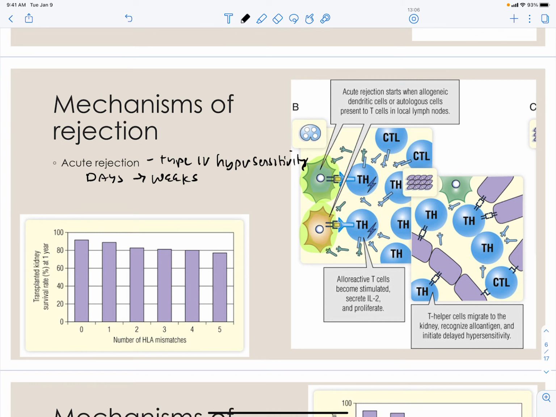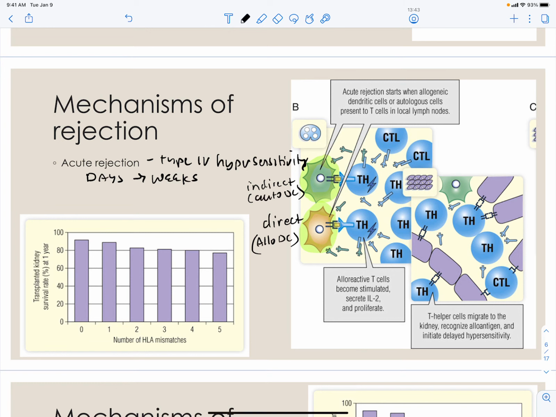When our autologous, or self, dendritic cells go to the donated tissue, pick up antigens, bring them back to the draining lymph node, and then present them to our T cells, this is known as indirect activation. And then when the donor dendritic cells migrate from the tissue, these are our allo DCs.